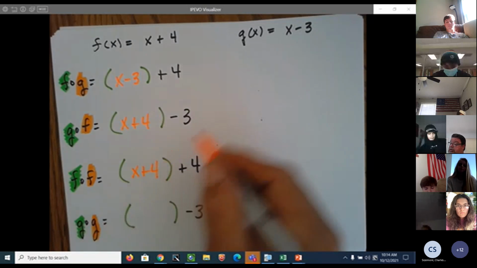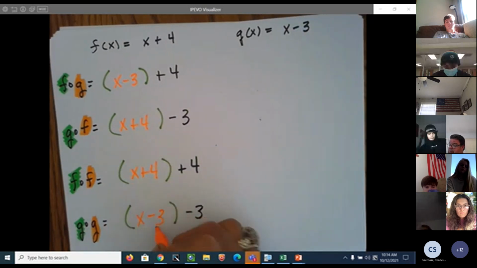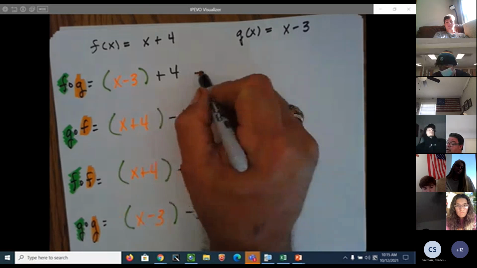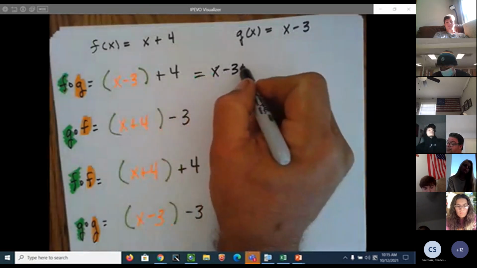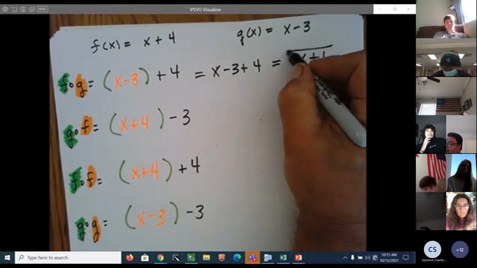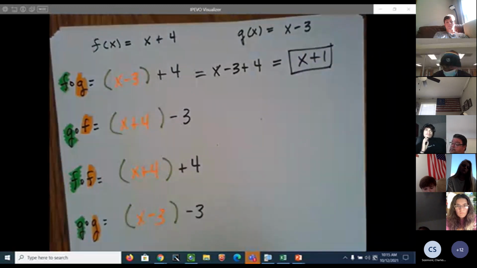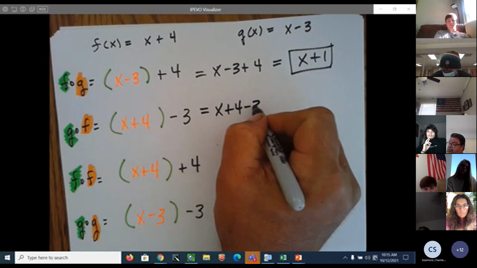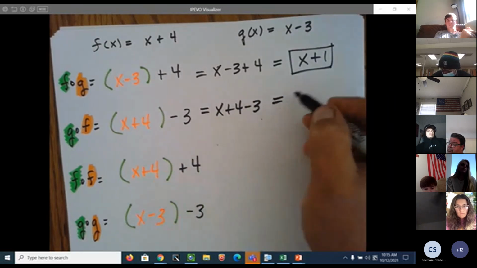And g is x minus 3. And now you just do your algebra. So this is going to be x minus 3 plus 4, x plus 1. x plus 4 minus 3 is x plus 1.